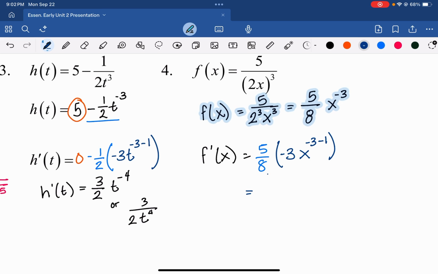So then we get 5/8 times negative 3, so negative 15/8 times x to the negative 4th. Okay, or I can rewrite it as negative 15 over 8x to the 4th.